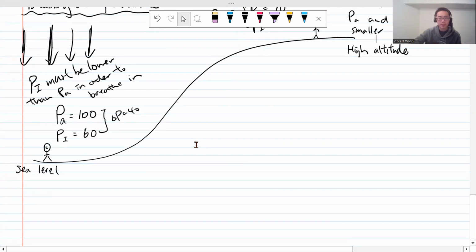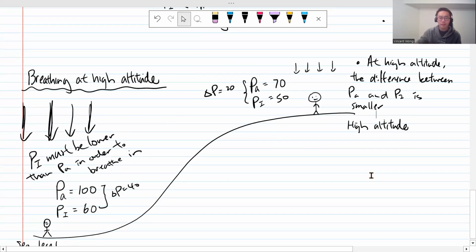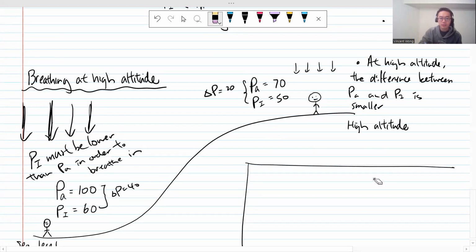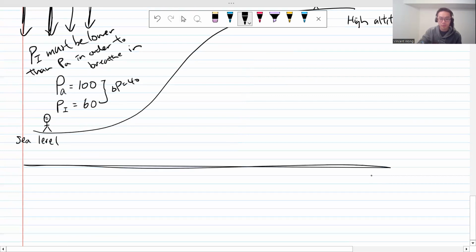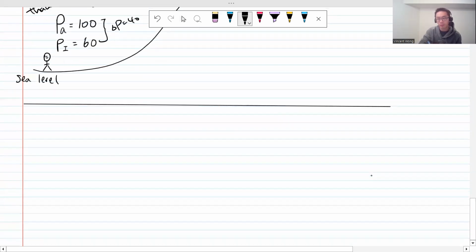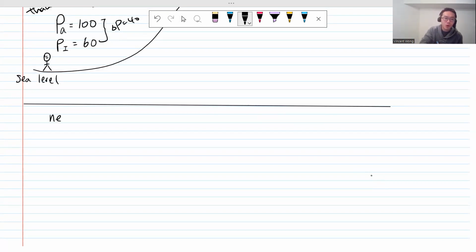Just another quick note here. When you work in a hospital later on, I assume most of you are in this program because you want to become practical nurses or nurses, which means you will likely work in a hospital sometime. There are these rooms called negative pressure rooms.